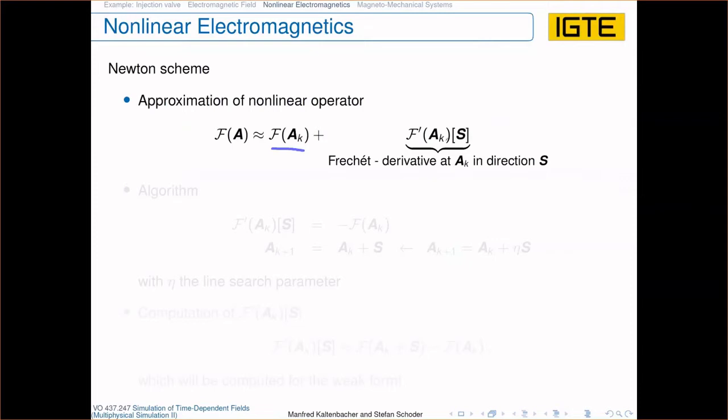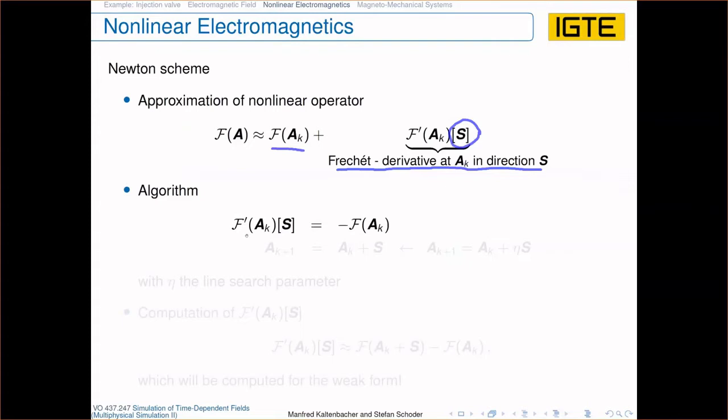Here it is just the following. It is the Frechet derivative at the already known AK in a search direction s, as written in such a notation, where the search direction s is the quantity we want to compute, because when we are able to compute it, then we can write it down in this sense.